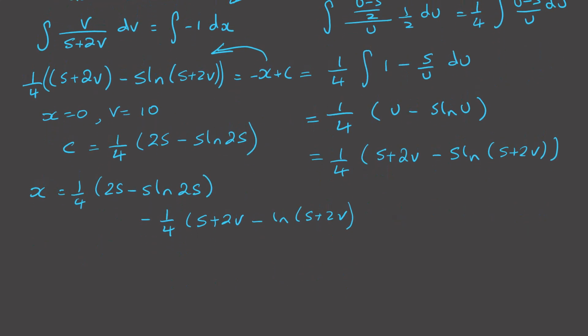And we want x when v is equal to 5, so that is going to be 25 on 4, take away 5 on 4 ln 25, take away, so if v is 5, that bit's 15, so that will be 15 on 4, and then plus 5 over 4 ln 15.